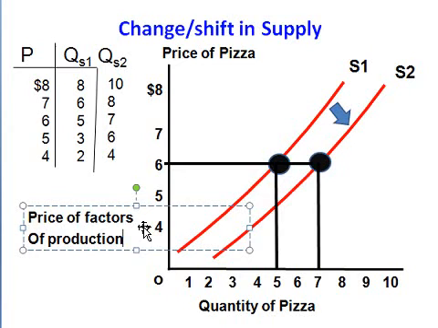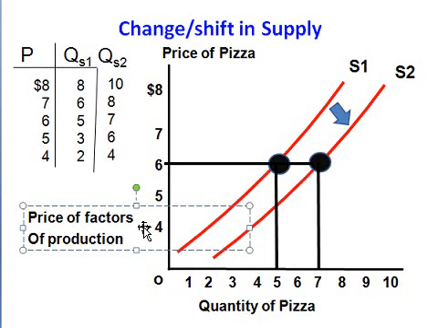Suppose the price of the oven drops, meaning that the cost of production goes down, or the price of raw material required to produce pizza drops, meaning that the cost of production drops.